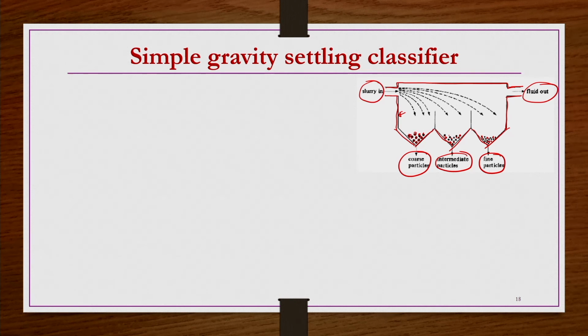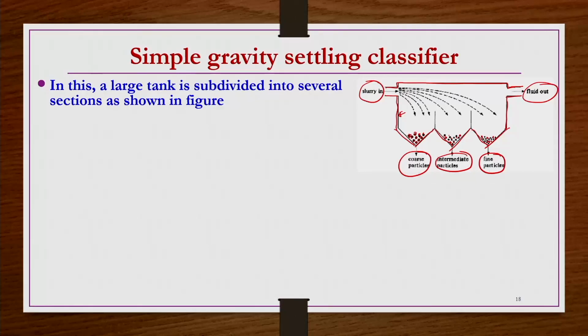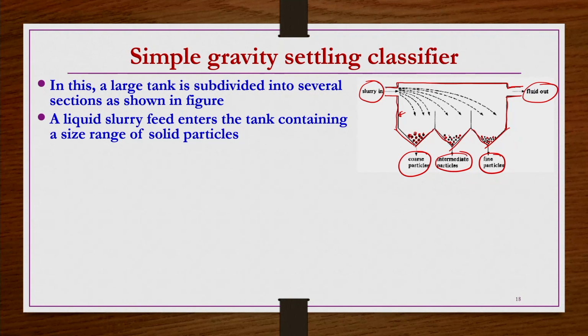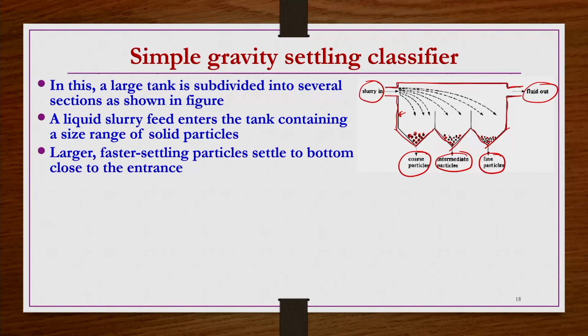The working principle is the same, settling of the particles under gravity is the working principle for this classifier. Only the designs are different here. A large tank is subdivided into several sections as shown in the figure. A liquid slurry feed containing a size range of solid particles enters the tank.